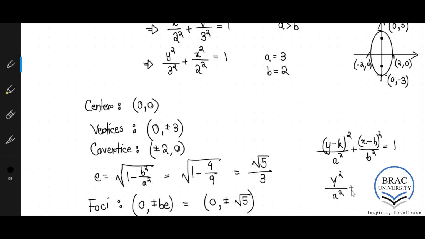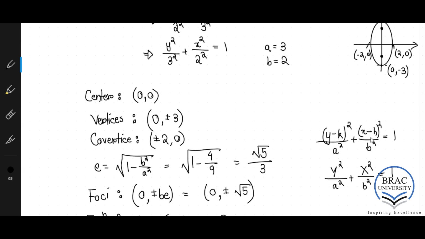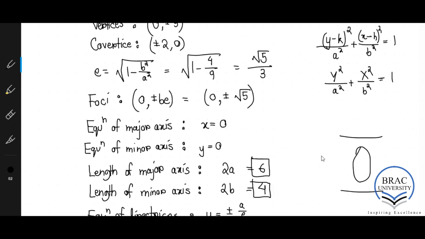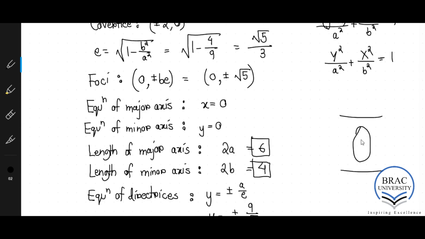We would take the uppercase as the reference and then solve for the other parts, just like we did for the parabola. Now, you could do a sketch and find out these points, but that's also another way to go about being confirmed about each of these, since x equals 0 is the major axis, y equals 0 is the minor axis. A sketch always helps in interpreting these questions.